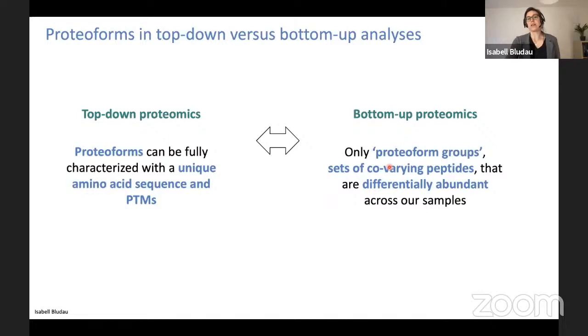But the key here is the differentially abundant across our samples, because what this means is that, per definition, all of the proteoform groups that we detect are biologically interesting, because they have to be differentially regulated in the data set that we're looking at. And this is, of course, very interesting, because we get way fewer hits than with top-down, but the ones we get are potentially of high interest.